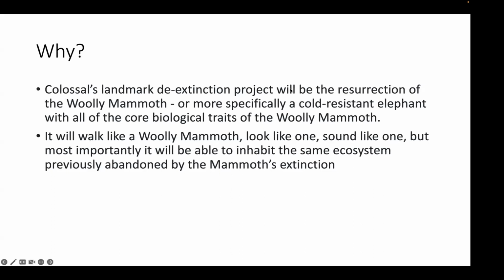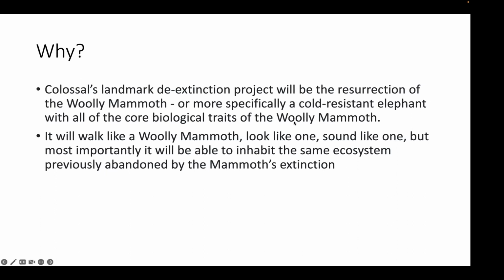So they want to generate a cold-resistant elephant that has all of the core biological traits of the woolly mammoth. Now, what do they mean by this? They mean that they're going to get an Asian elephant genome, and modify it to be resistant to the cold. Does that mean it will be exactly a woolly mammoth?